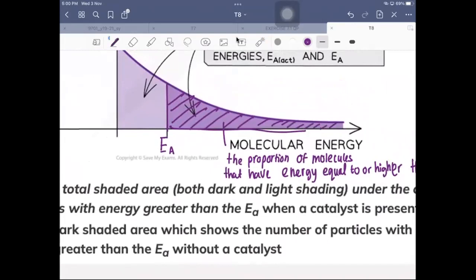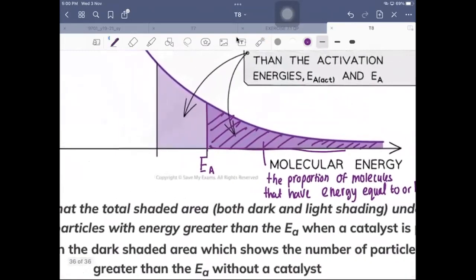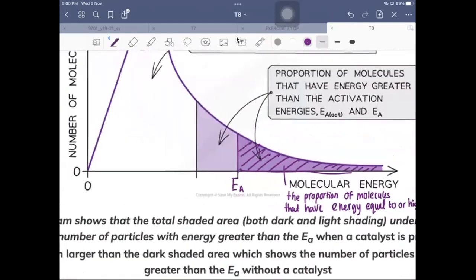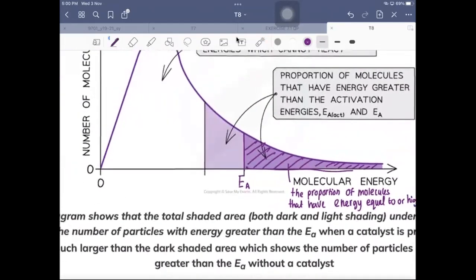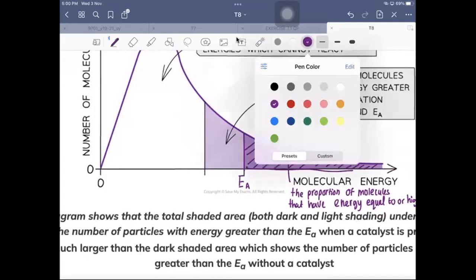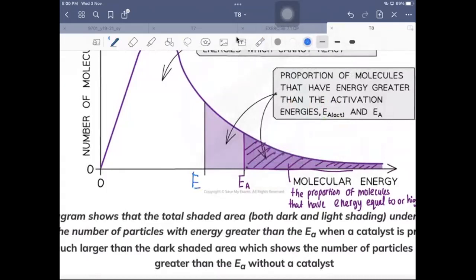With catalyst, remember, catalyst now provides an alternative pathway that reduces. It means that it decreases the value of activation energy. And in this diagram, if I decrease the activation energy, my new EA, maybe I'll use blue so you can see, is now here, EA catalyst, because smaller number, right?